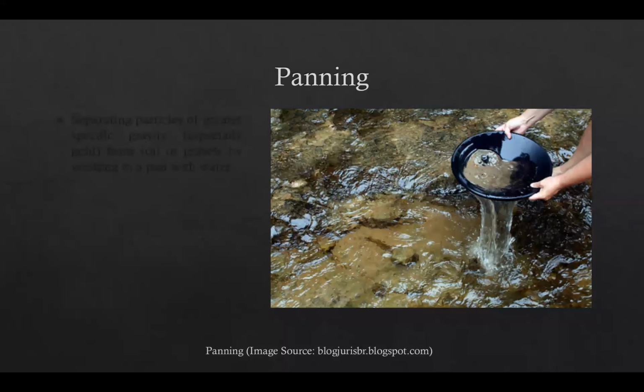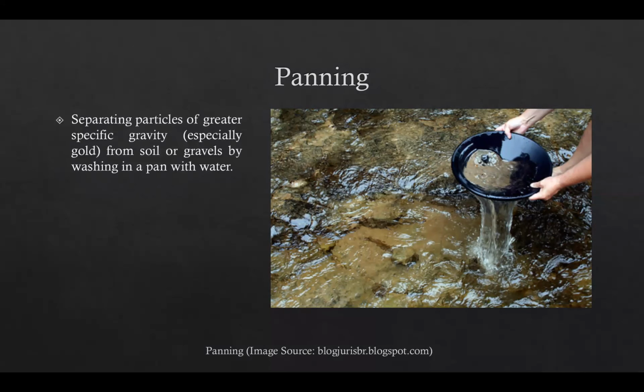Then we have aqueous extraction methods. The first one is a very simple one, which is known as panning. Panning in mining is used for separating particles of greater specific gravity, especially gold, from soil or gravels, by washing in a pan with water. It's a very primitive sort of aqueous extraction method where we use some pan.